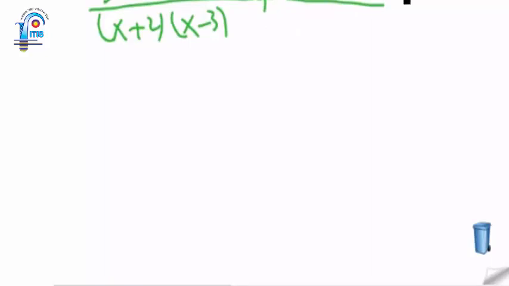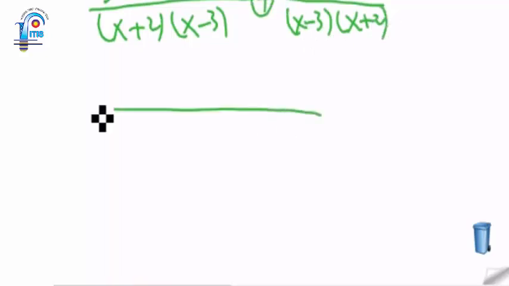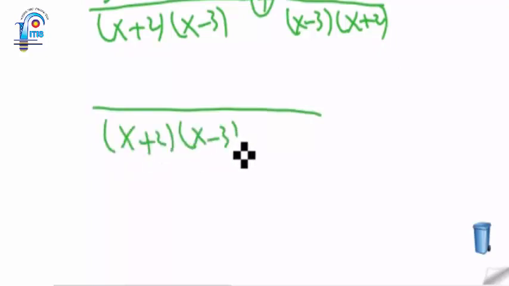5 over x minus 1 over x plus 2, x minus 3, plus x minus 5, x plus 2, over x minus 3, x plus 2. Now the two fractions have the same denominator. We will write x plus 2, x minus 3, only once.